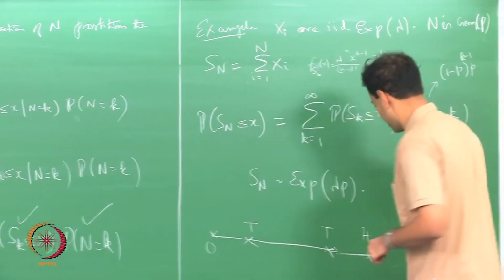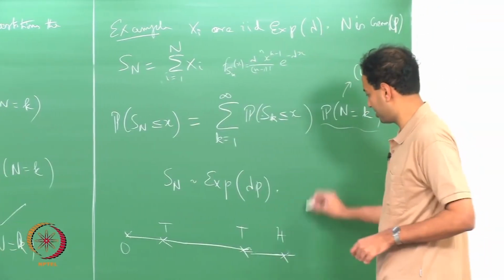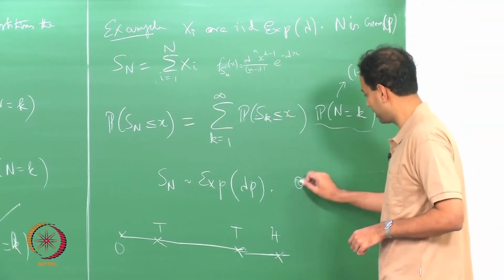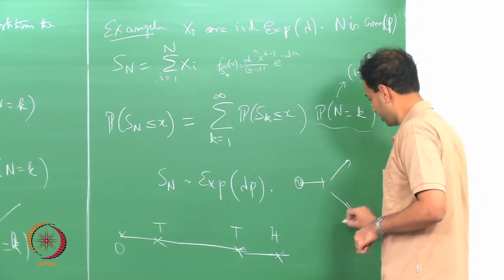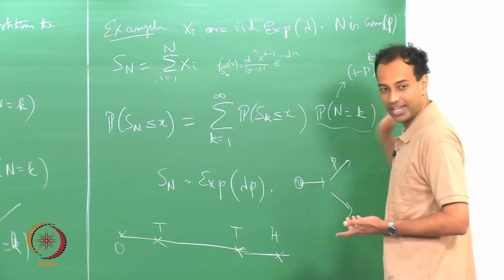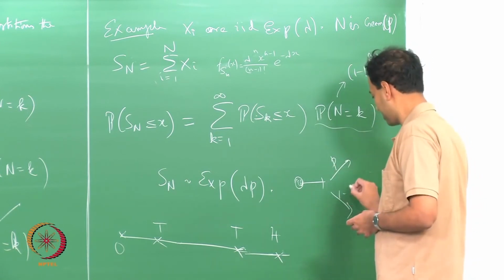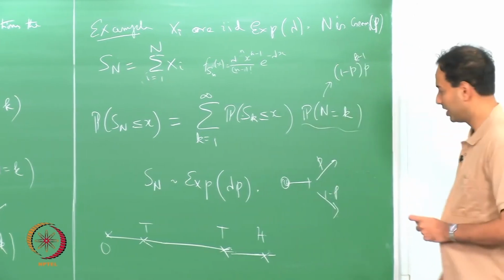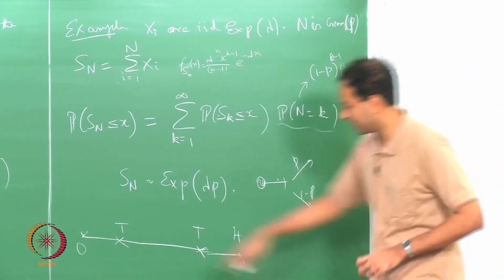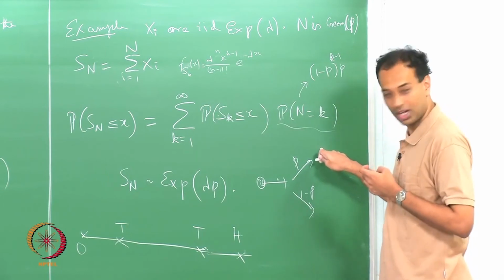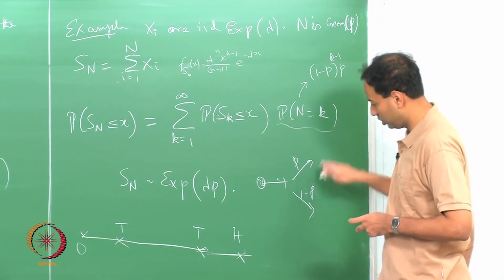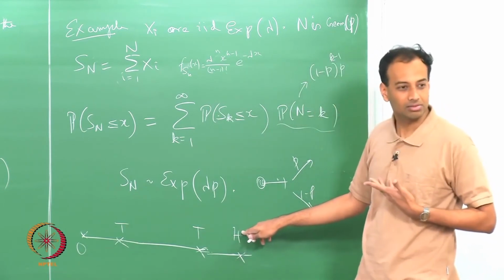So, if this is your radioactive source, it is throwing out a bunch of particles and you split it. You can think of heads as splitting up and tails as splitting down, and instead of putting a detector here and detecting all these emissions, you are just putting a detector here and you will only see those emissions which correspond to getting a head.